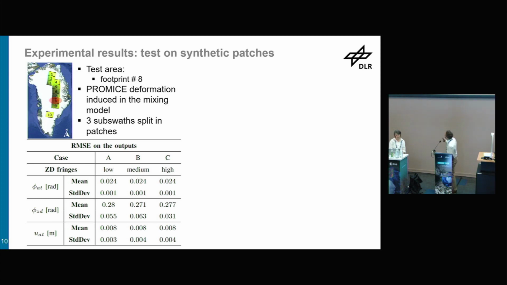What I can briefly comment is that in both cases you see that, especially with the phases, we have one order of magnitude lower than the average, and this is a good sign of the reliability of our network. You have the same lower values for the along track deformation.